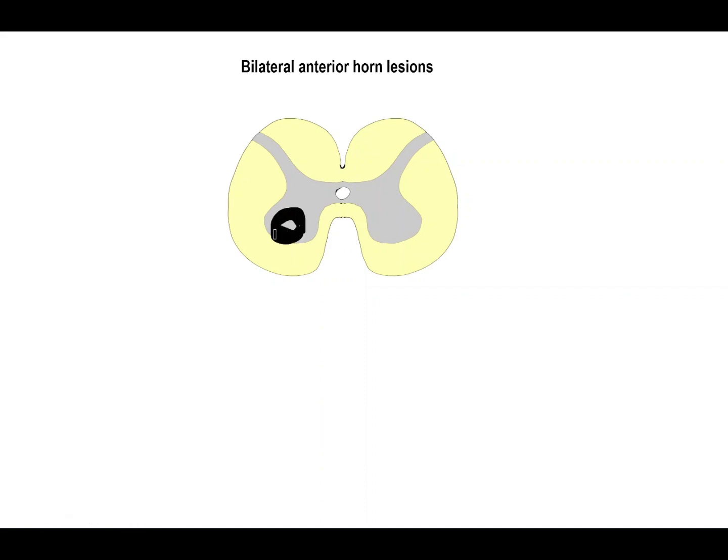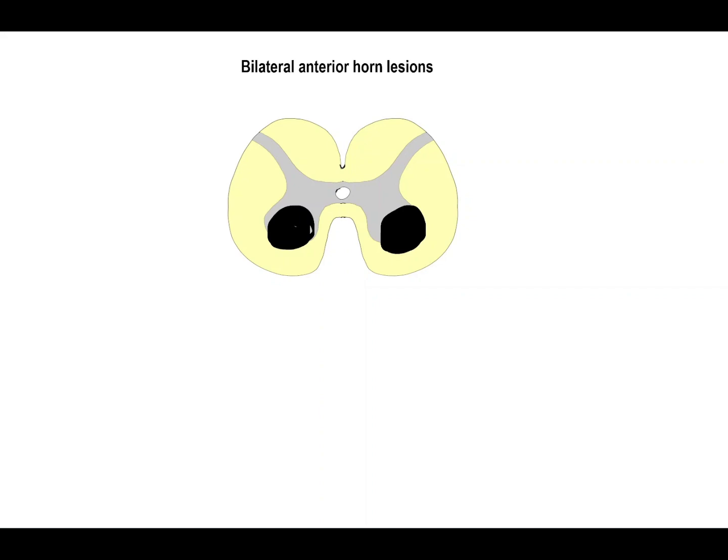The anterior horn is damaged. The dark means damaged. Both anterior horns are damaged. This is a lesion that occurs infrequently, not in the United States, but in some countries, because some infectious viruses can lead to damage of these areas. So bilateral anterior horn lesions, what could they lead to?